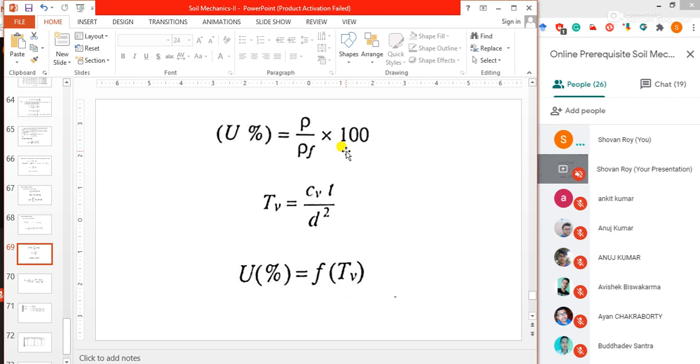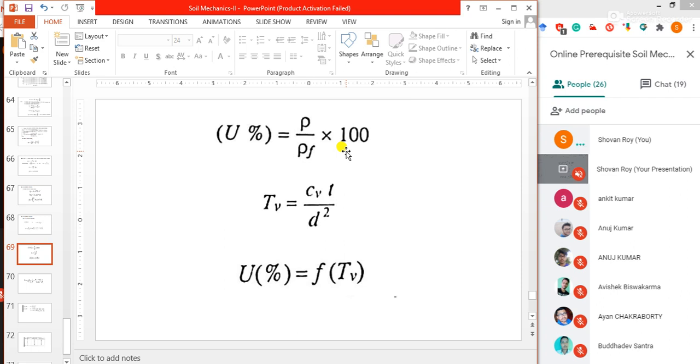But based on this degree of consolidation, various changes in the formula can happen. When the U value is less than 60%, the formula is different, and when it is greater than 60%, the formula is different.